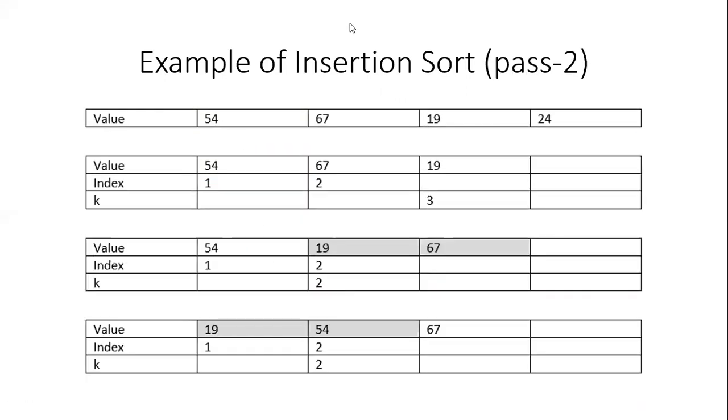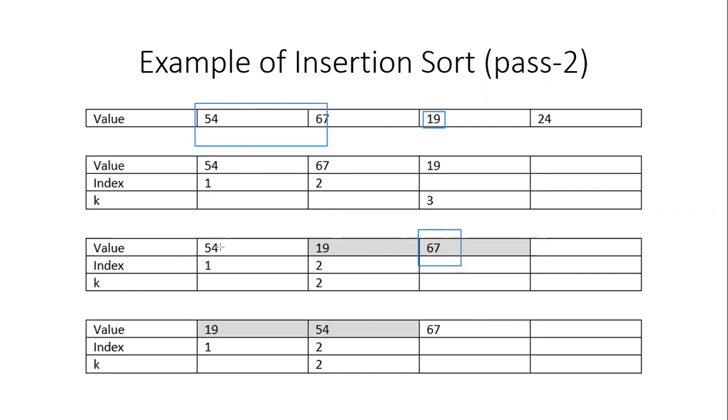Now we have a sorted list of two elements, 54 and 67, and we will place the third element, which is 19, at its correct position. Now compare 19 with 67. 19 is smaller than 67, and hence the 67 has been shifted to the third position.